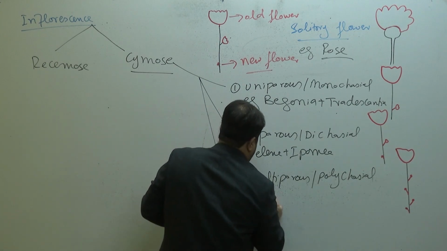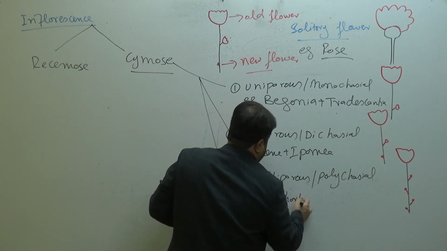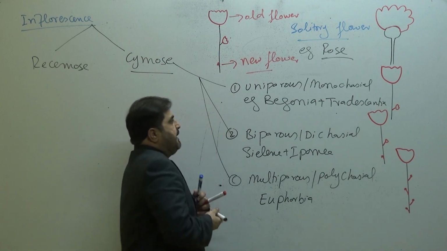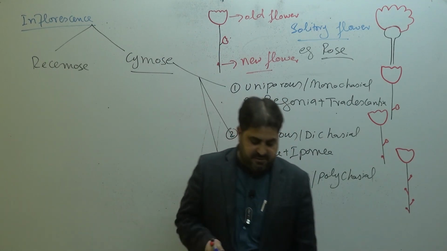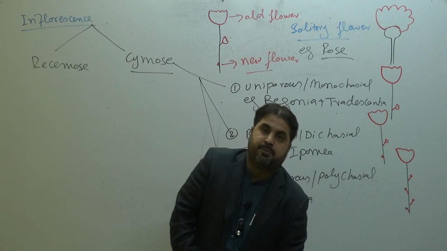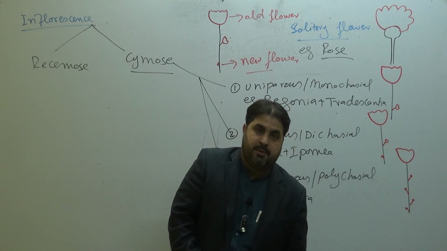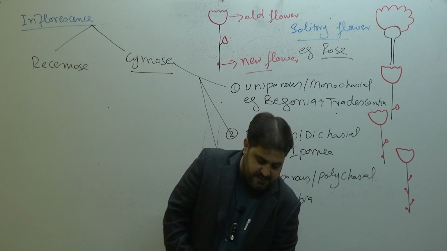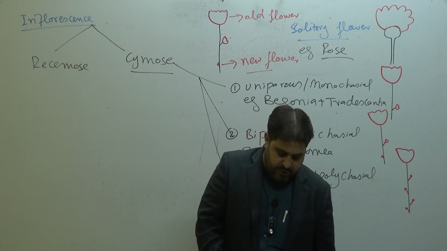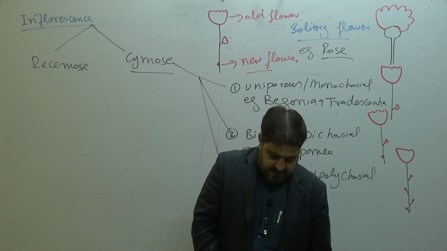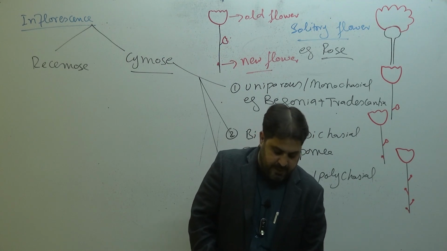An example is euphorbia. So this is classified on the basis of the position of the flower, where the flowers are produced.